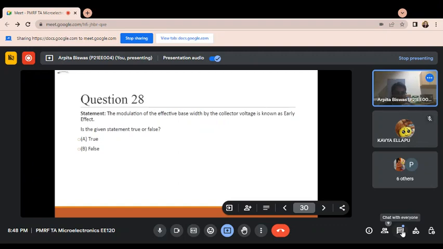The active area of the base decreases because, as we have discussed earlier, the emitter is heavily doped, the collector is moderately doped, and the base is lightly doped. So the junction width increases more on the base side because the doping is less.